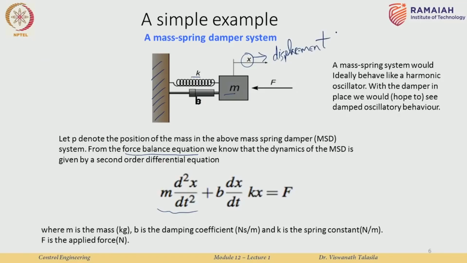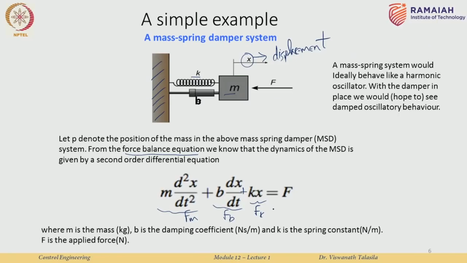Then the damper resists the force, and it is a function of the velocity, dx by dt, and the damping coefficient b. The final component is the spring constant k, the elastic force which the spring produces. So, these are the 3 components.